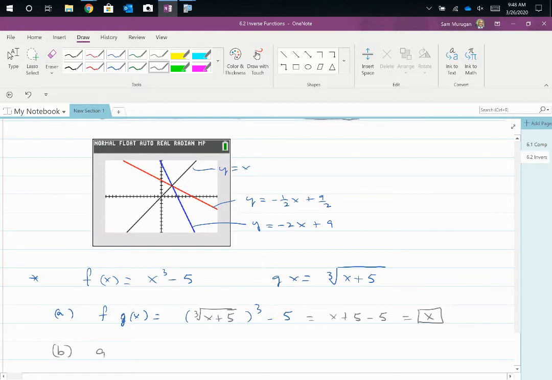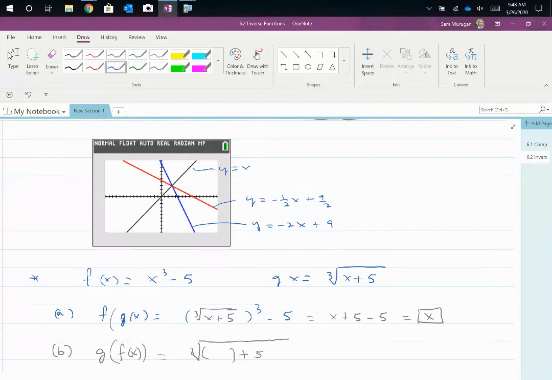The g composed of the f function. So the g function is the cube root plus 5, and into this we write the complete f function. So this is the cube root of x cubed, which is equal to x.